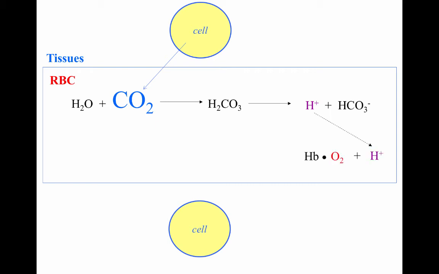Those hydrogen protons help to move oxygen off of hemoglobin, so hemoglobin and hydrogen bond and oxygen is then available to move out of the red blood cells off of the hemoglobin unit into the cell, to be available for any of the cellular respiration processes that need to occur.